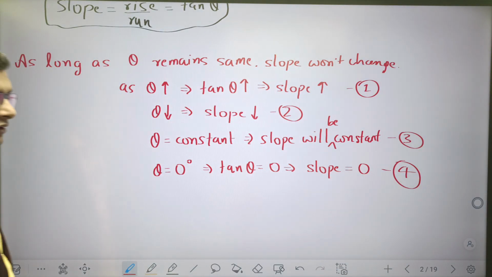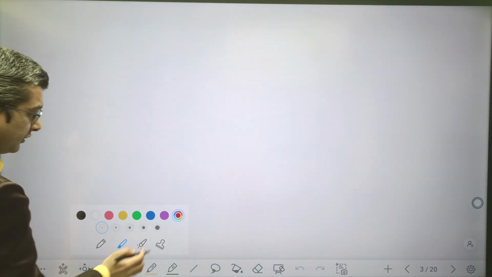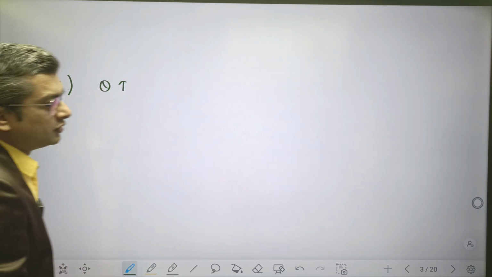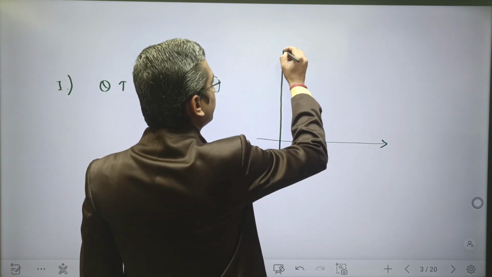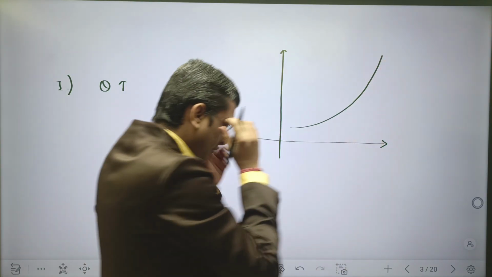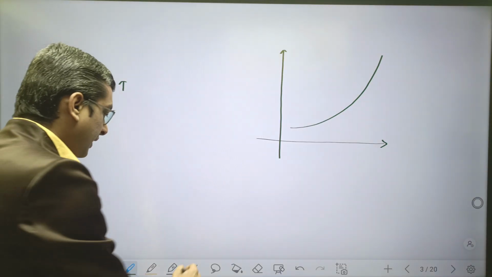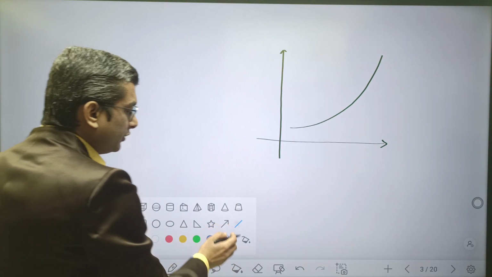Now I am taking examples of these all cases. So suppose, let us take example number 1, where theta increases. One of the graphs representing increasing theta is, so this is the graph. Are you getting? This is the graph where theta increases. Now how can we take theta? As we have learned in lecture 3, first of all what we do, we draw a line.